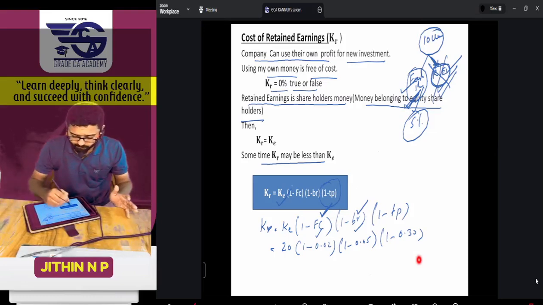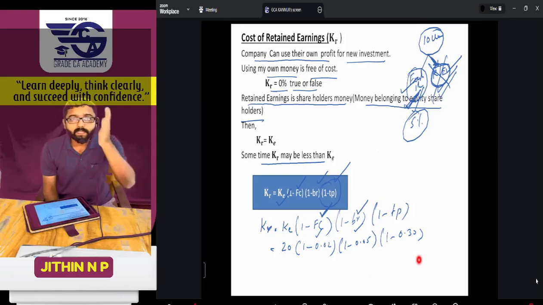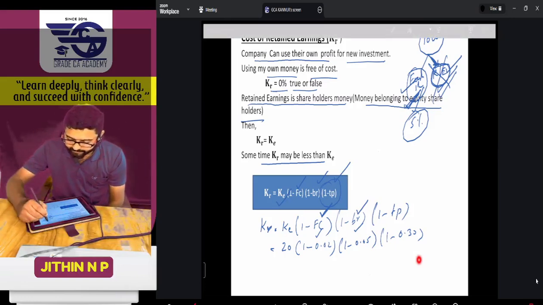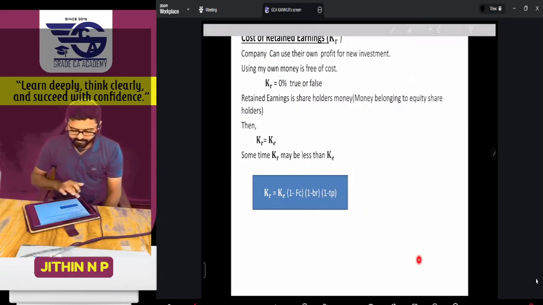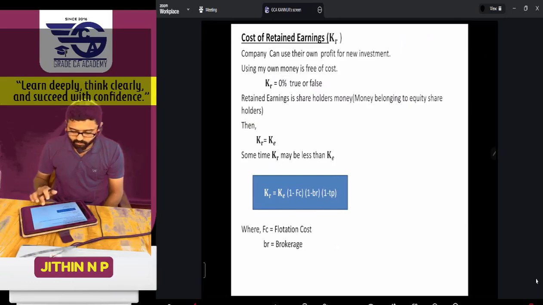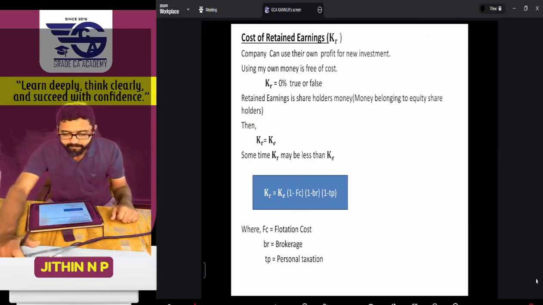If the company has flotation cost, brokerage, or personal tax, and the question gives them, you should reduce from K. The formula will be KR is equal to K into 1 minus flotation cost into 1 minus brokerage into 1 minus personal tax. Listen here. FC is equal to flotation cost, BR is equal to brokerage, and TP is equal to personal tax. Write it.